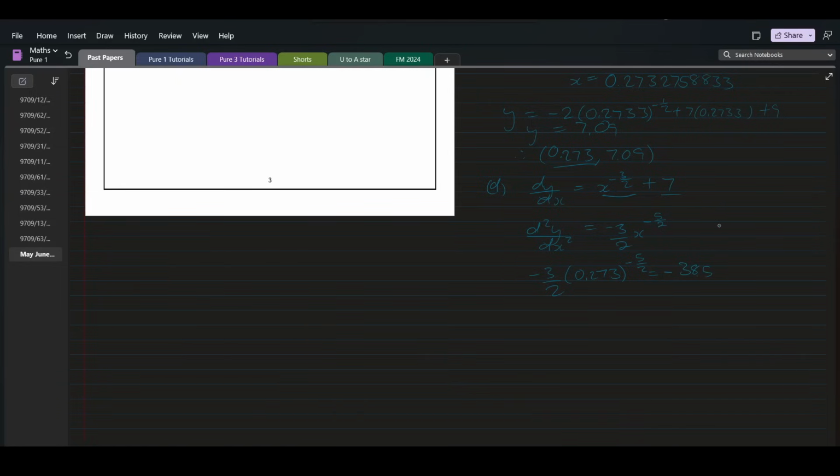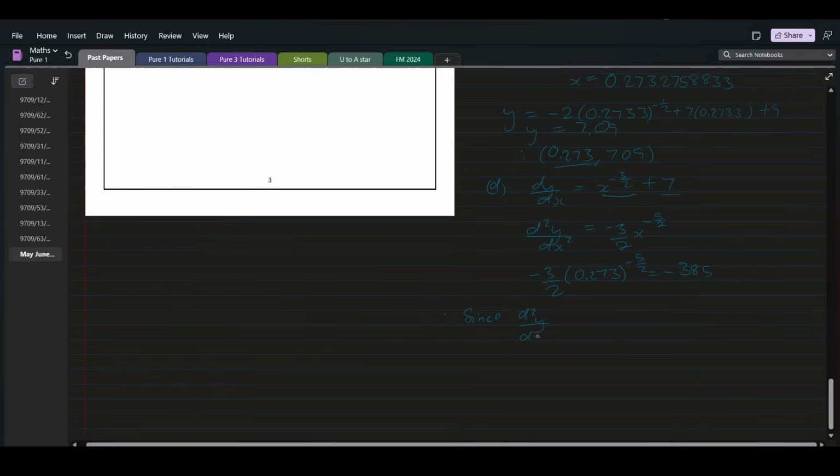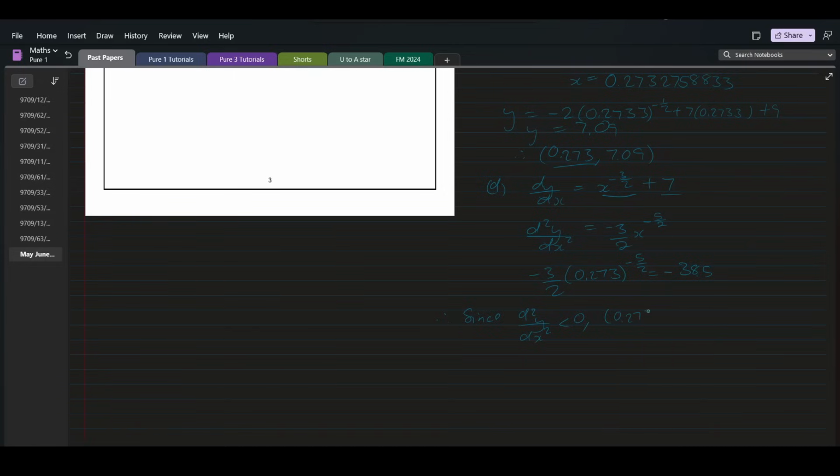Since our second derivative is negative, we can conclude that since d squared y/dx squared is less than 0, the point 0.273, 7.09 is a maximum point. And this would be our final answer for D.